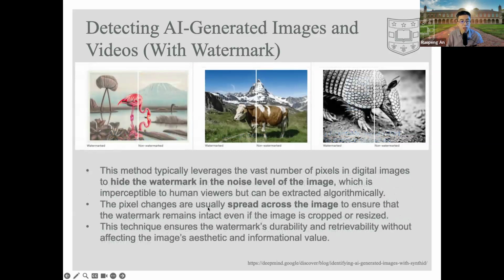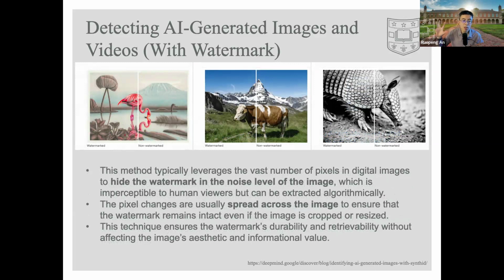Okay. So here, for example, in the images here, the left-hand side of the image is watermarked, whereas the right-hand side is not. But can you tell the difference? No, I can't really tell, right? It is very much invisible to human eyes, but it is detectable by AI algorithms.